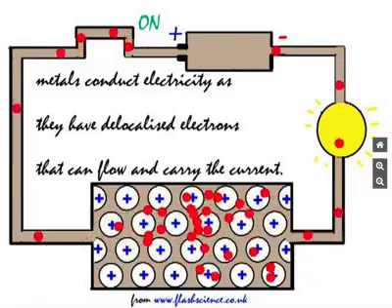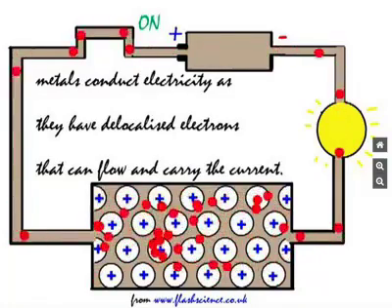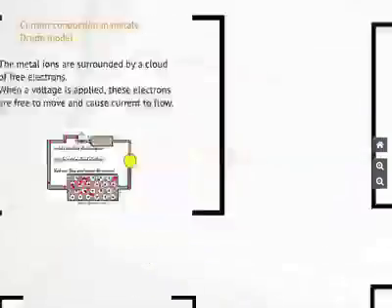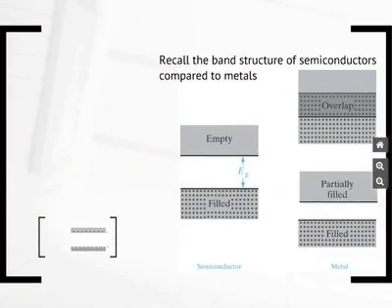The conduction in semiconductors is very, very different. So I want you to contrast that to this. The first idea to remember is to review the band structure of semiconductors compared to metals. In semiconductors, we have a completely filled valence band, completely empty conduction band. If that's what we have, there is no conduction, right?